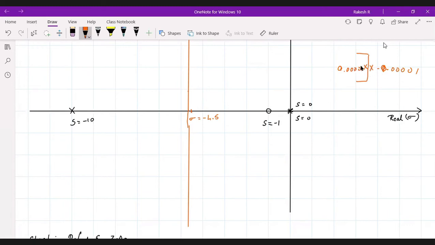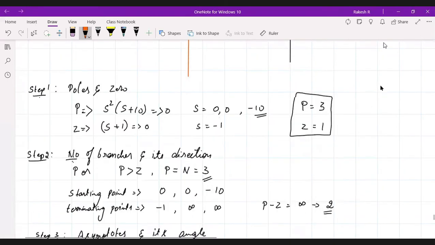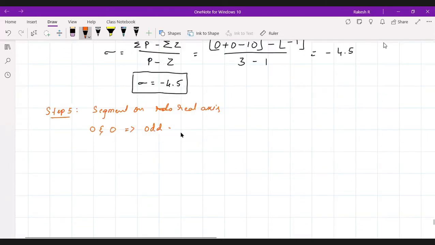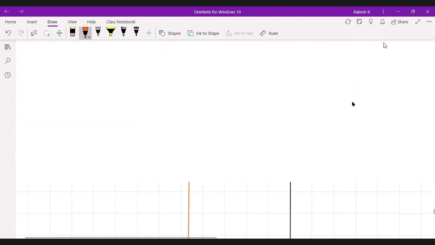Right. So when I take towards the right of 0.0001, how many poles plus zeros are there? There is one pole, so this is odd. Hence the root locus exists. We'll be dividing this into two halves.